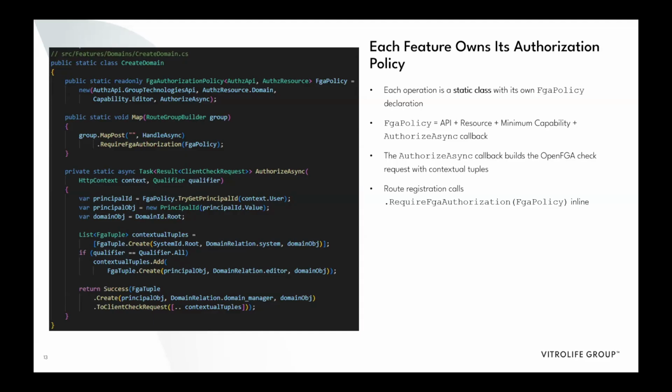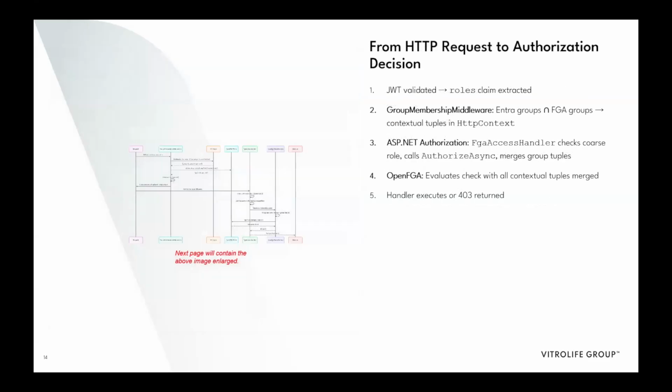What authorized async does is it actually creates the tuple and the contextual tuples, which are sent to OpenFGA, and we get an allow or not there. And authorized async is then used by an authorization middleware, which also appends the group memberships, the contextual tuples for them as well. And let's see here.